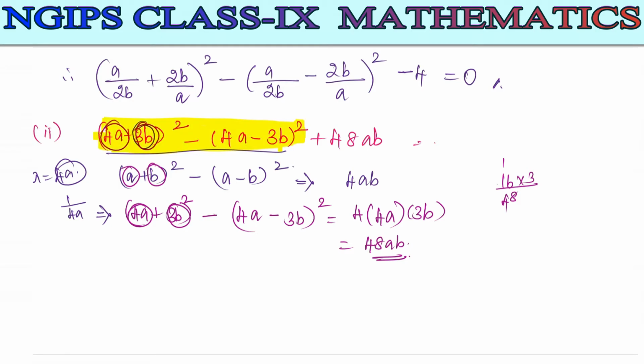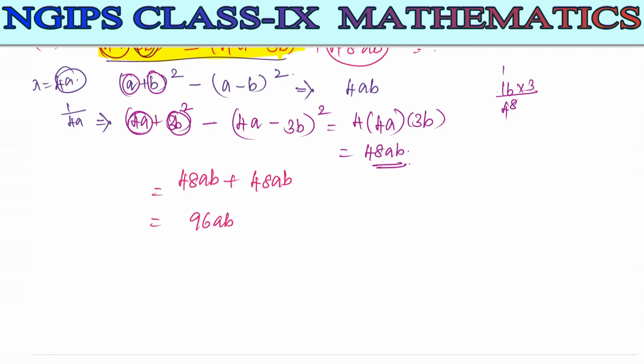Now if you look at this, till here we got that answer as 48ab. And we have one more 48ab, I'm going to write 48ab. So if you add both the values, what we will get here, 48 plus 48, it is 96ab, because we have here addition, so we need to add the terms.